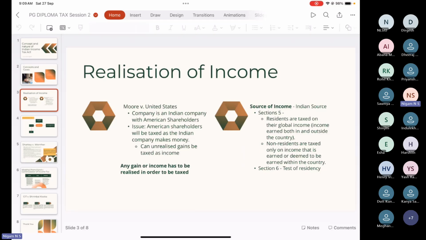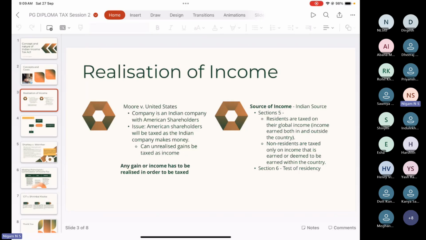Realization of income is the first thing that we should talk about. Friends, what's important, and I think this is sometimes lost in the discussion of tax, is that income tax is a tax when income is earned. So this is a pretty critical concept, and I want you to understand this carefully.